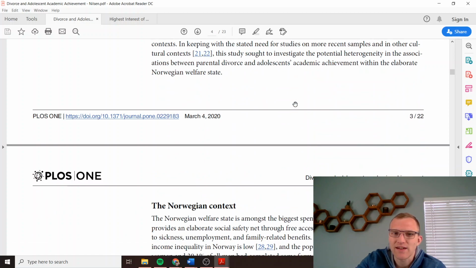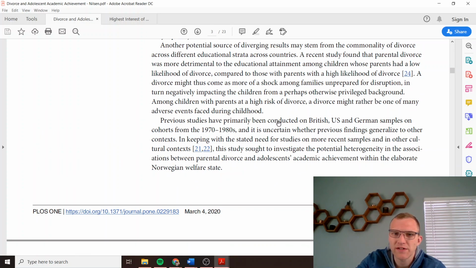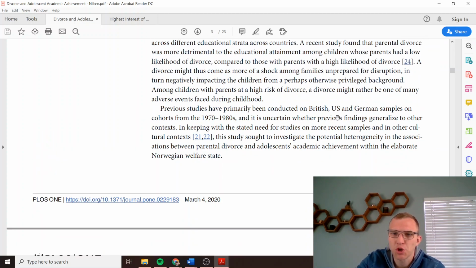And at the end of the introduction, they say, previous studies primarily have been conducted on British, US, and German samples, and it's uncertain whether previous findings generalize to other contexts. In keeping with the stated need for studies on more recent samples and in other cultural contexts, this study sought to investigate the potential heterogeneity in the association between parental divorce and adolescents' academic achievements within the elaborate Norwegian welfare state.